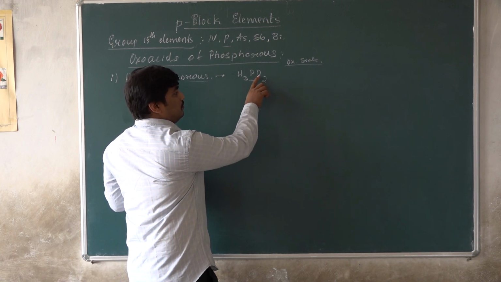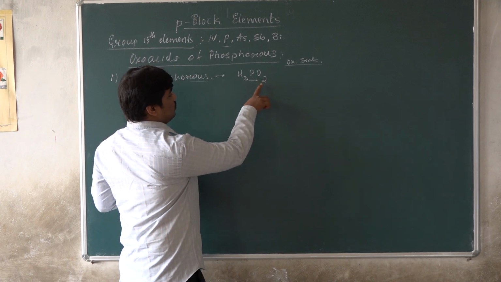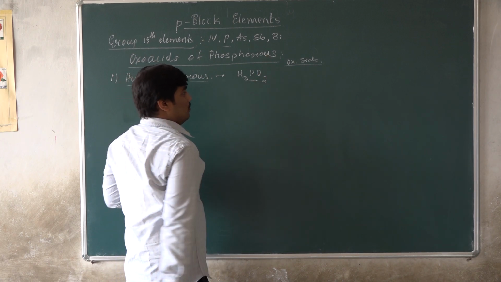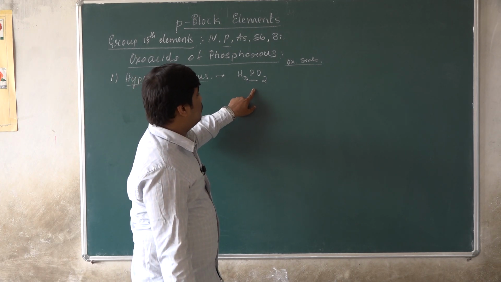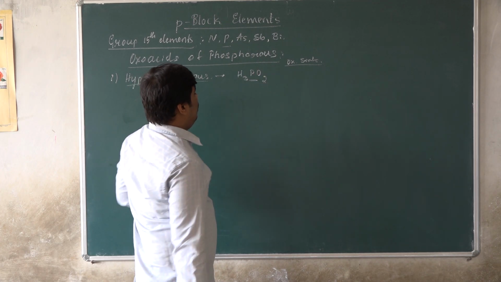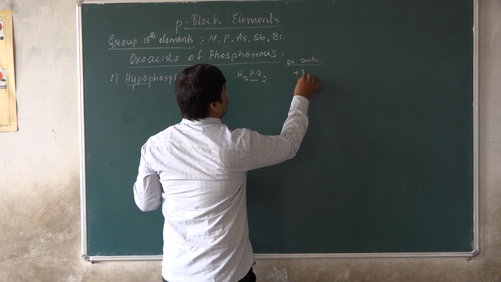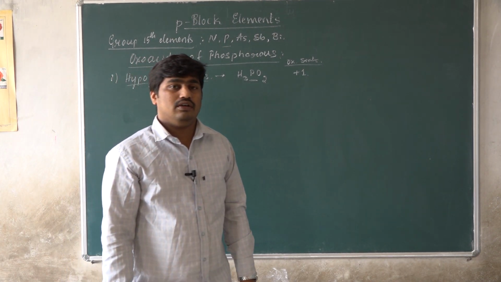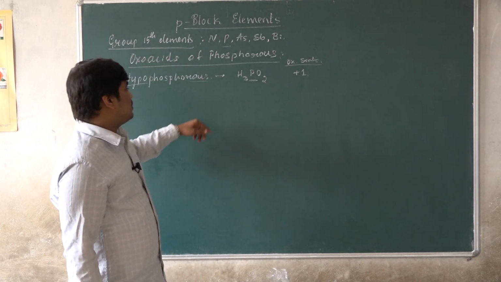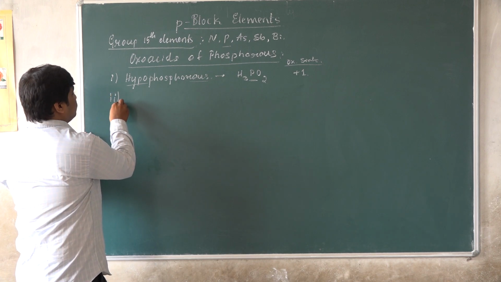The oxidation number of oxygen is -2. -2 into 2 is -4, plus 3 becomes -1, and moving to the right side, it becomes +1. So the oxidation state of phosphorus in hypophosphorous acid is +1.